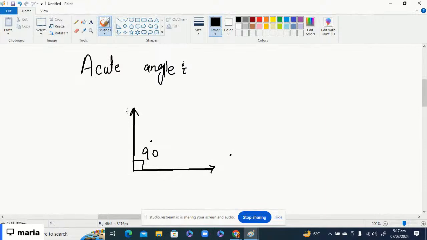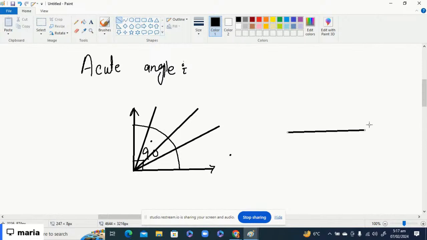It may lie at this point, or at this point, in this area. Okay, so we can say that this is your acute angle. Because here is the perpendicular line, and the angle is always less than that, we can say that this angle is an acute angle.